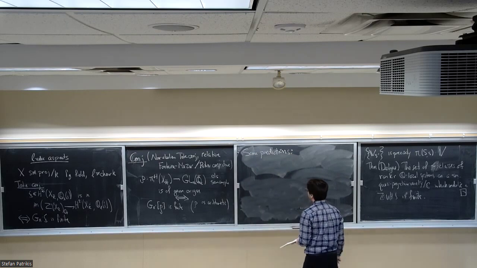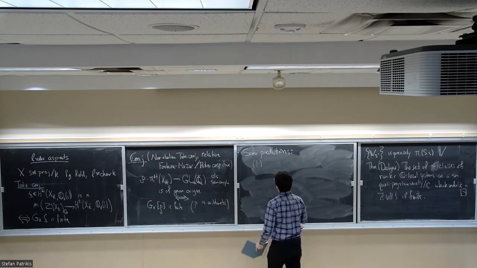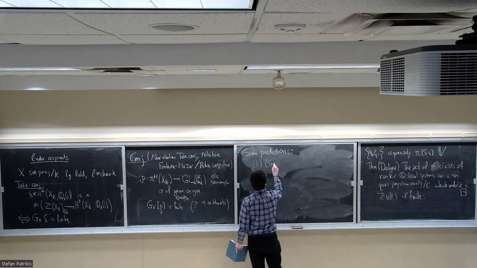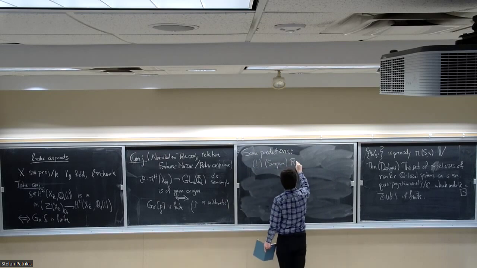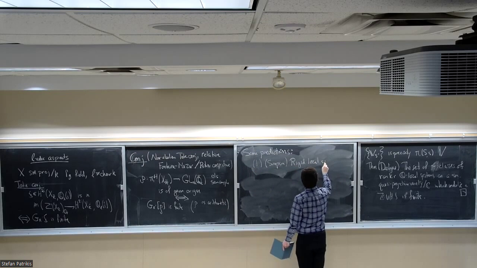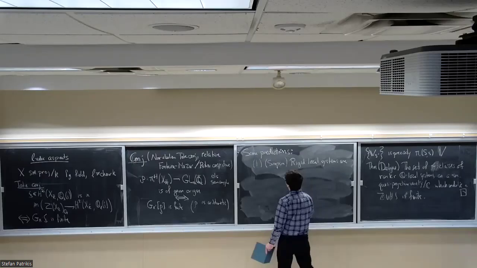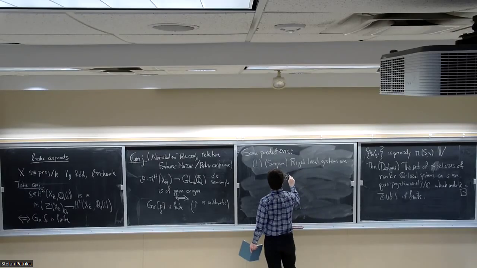Okay. So the first prediction is the one that Jake explained to us, which is this conjecture of Simpson, namely that rigid local systems are of geometric origin.